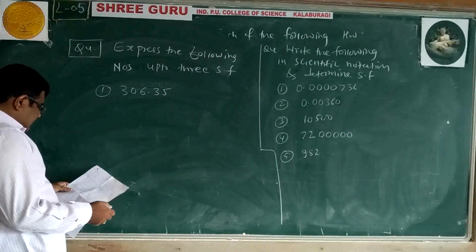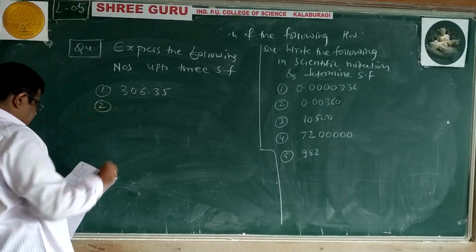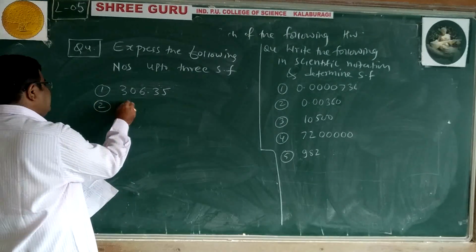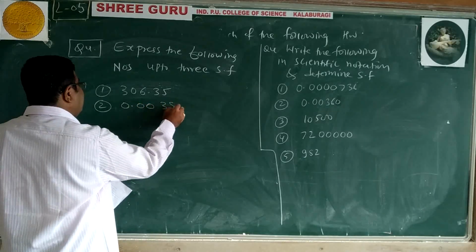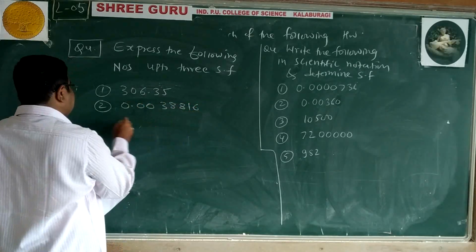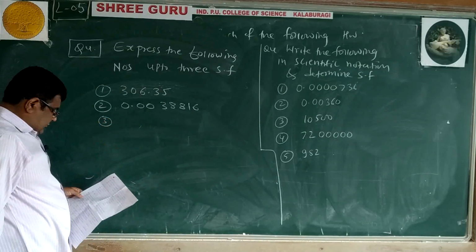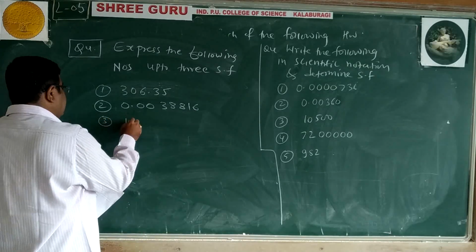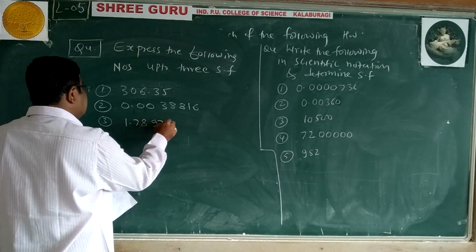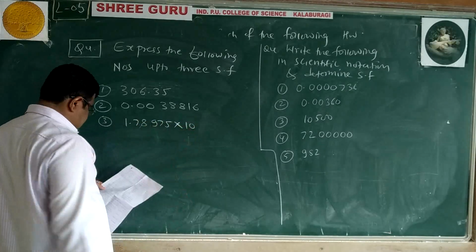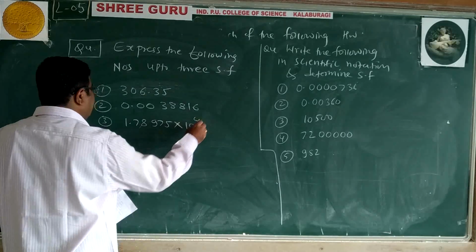What else you do yourself on the questions. Next one is 0.00388816. Third is 1.78975 into 10 raised to plus 4.